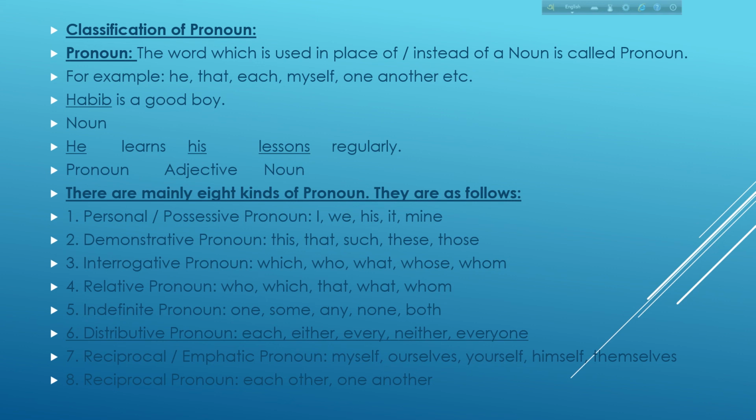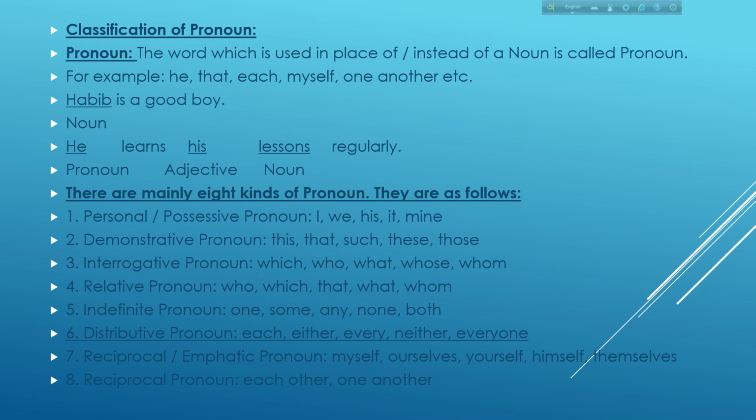There are mainly eight kinds of pronoun. They are as follows: personal or possessive pronoun, that is I, we, his, it, mine. Number 2, demonstrative pronoun: this, that, such, these, those. Interrogative pronoun: which, who, what, whose, whom. Relative pronoun: who, which, that, what, whom.